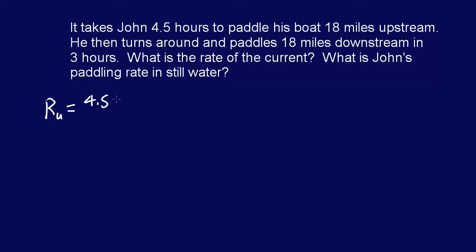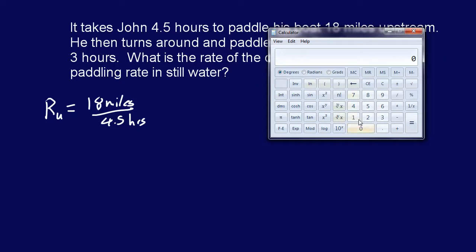Actually, we'll do it the other way. Let's do it, because normally you do things distance per time. So we'll say 18 miles per 4.5 hours. And let's use our calculator to see what that is.